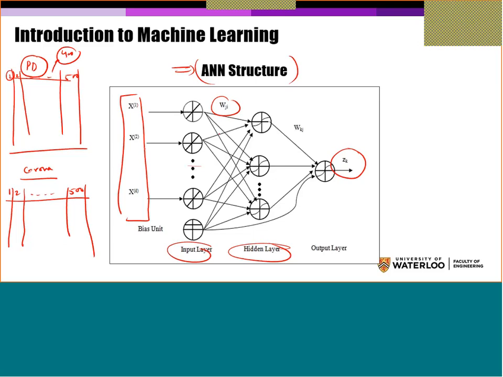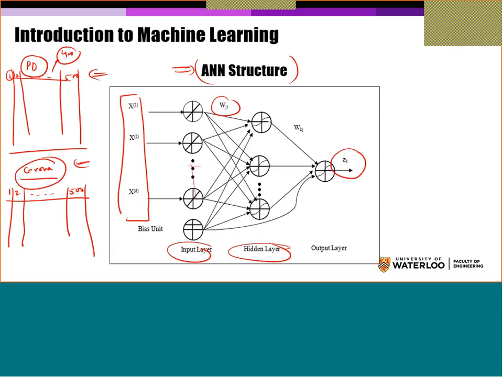So what it does here, it will try to adjust these constants so that it will map this to this. Okay. Now, after I train it, I will go and train it for the other feature, which is the corona. Okay, this signal is corona. This is corona. So I will train it for both PD and corona.